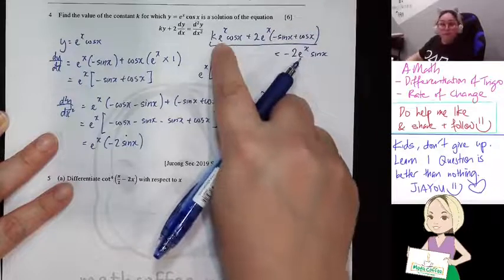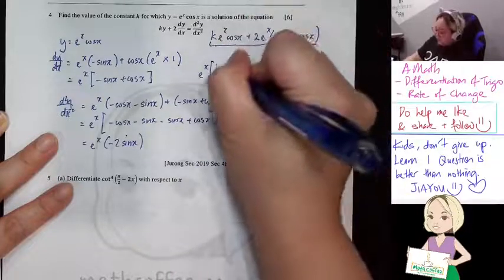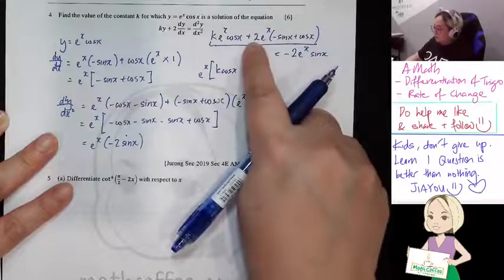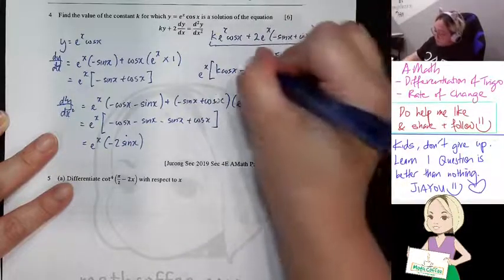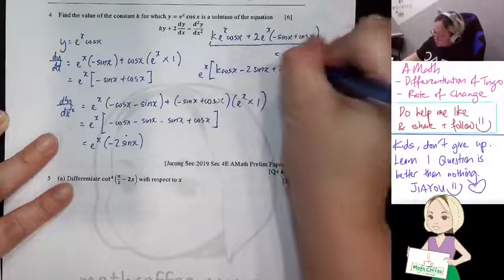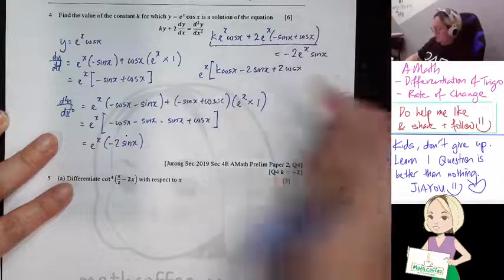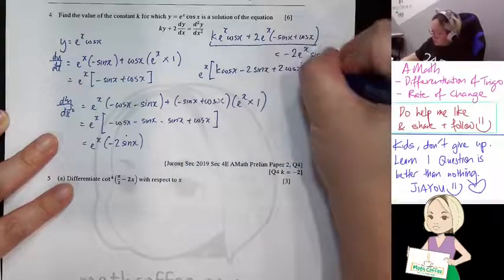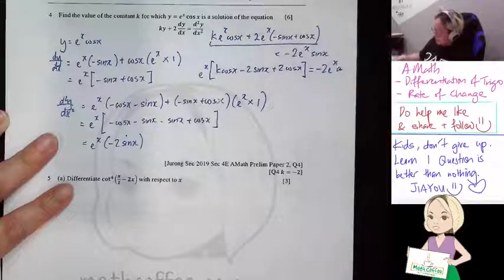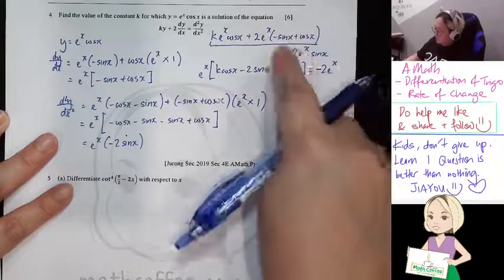When I take out e to the power of x, the first term leaves me with k cosine x. Then I will have 2 times minus sine x, so minus 2 sine x, and plus 2 cosine x. Close it. It is equal to minus 2e^x sine x. This is just the right hand side.